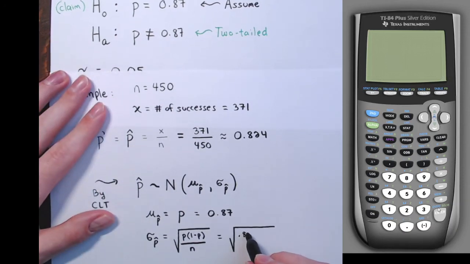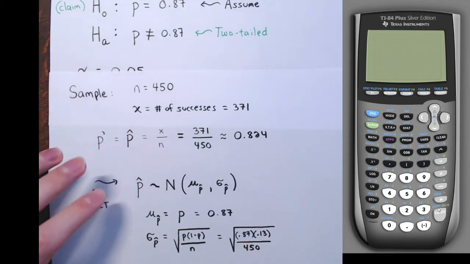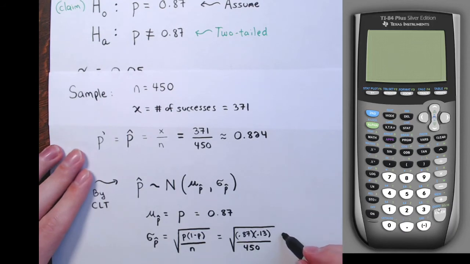So this is 0.87 times 1 minus 0.87, which is 0.13, divided by the sample size, all inside the square root. And I'll round this to 3 decimal places as well.